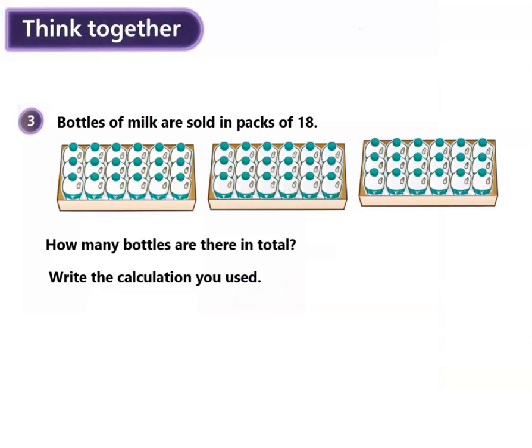Here's your last challenge before going to complete your independent task. Now remember, our learning objective is multiplying and dividing by 6. So here we've got milk bottles, and they are sold in packs of 18. How many bottles are there altogether? Can you write a calculation linking to our learning objective to work out how many bottles there are in total?